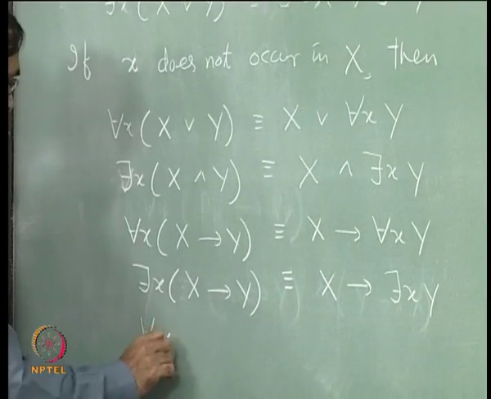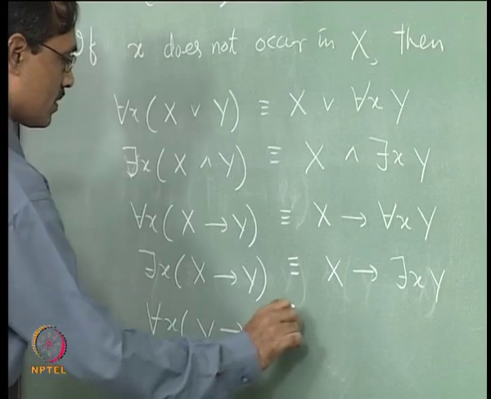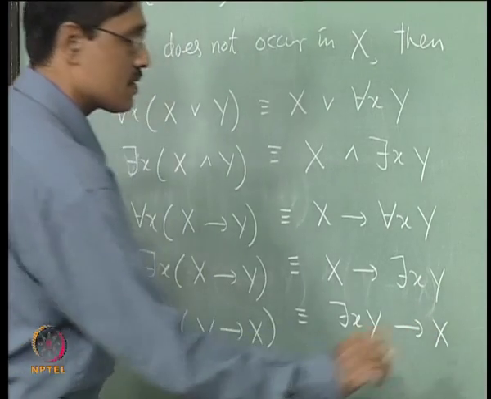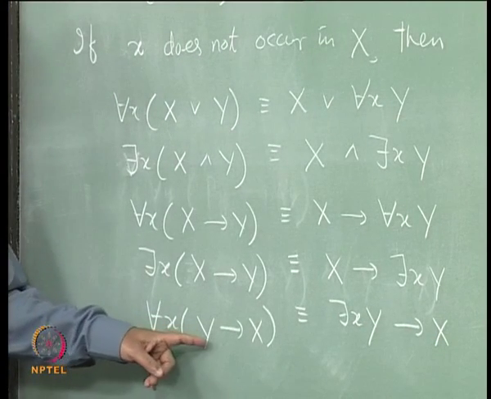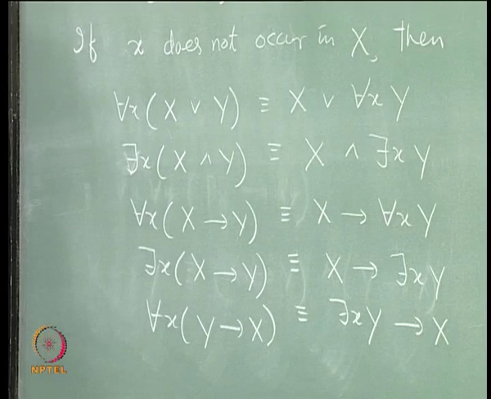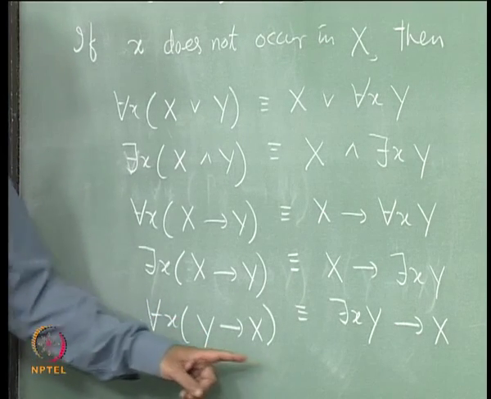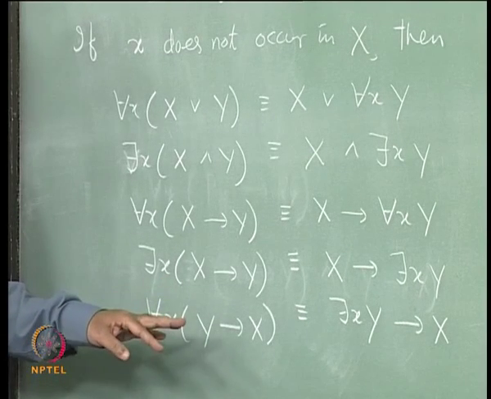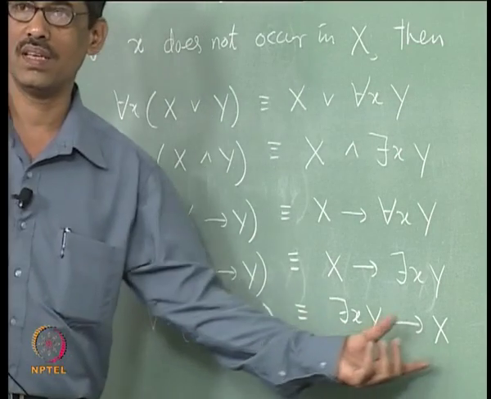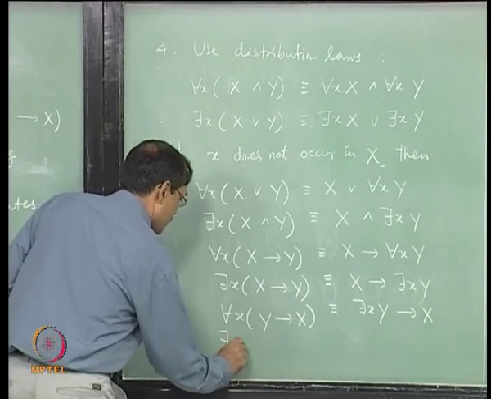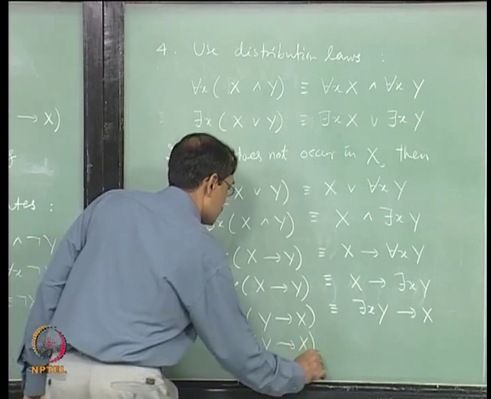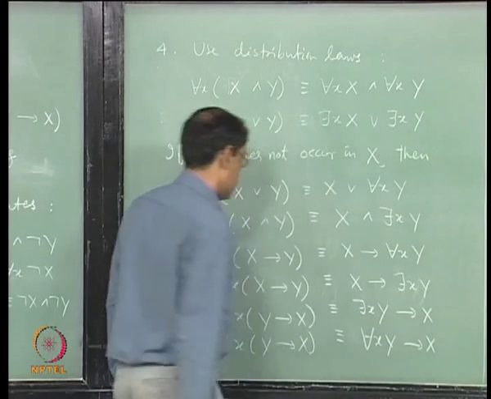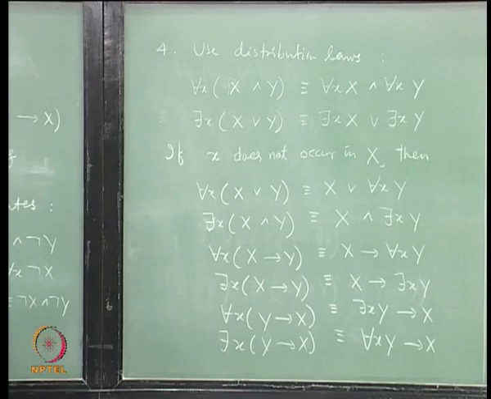Then for each x, (y implies X), that is there is x y implies X, it will change the quantifier because of this implies, because this is really not y or X. So, it will come to for each x not y, which is not there is x (y or X), that is there is x y implies X. Similarly, there is x (y implies X) is for each x y implies X.